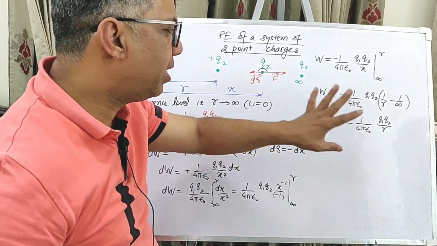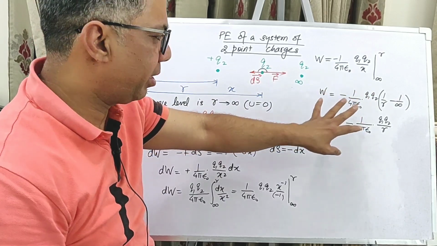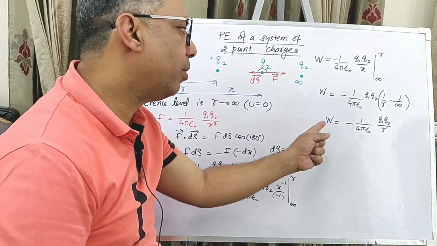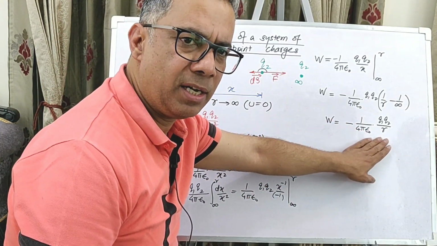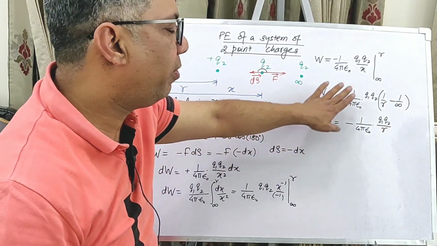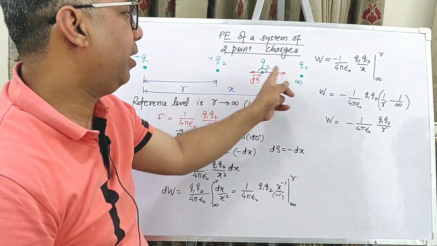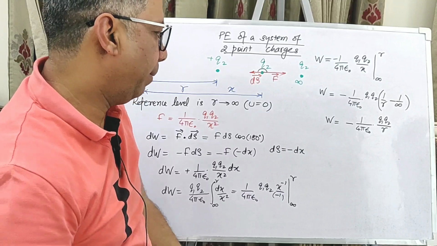So you should always check the sign of work. That's generally fairly tricky, and so whenever you get a magnitude for work, always ensure that you have the correct sign there, using the directions properly.